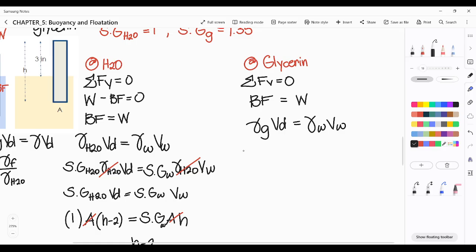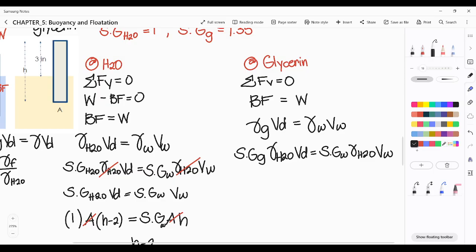Now, we can write the Sg of glycerine times the specific weight of H2O times the volume displaced is equal to the specific weight of the wood pala. This should be Sg of the wood times gamma of H2O times the volume of the wood.